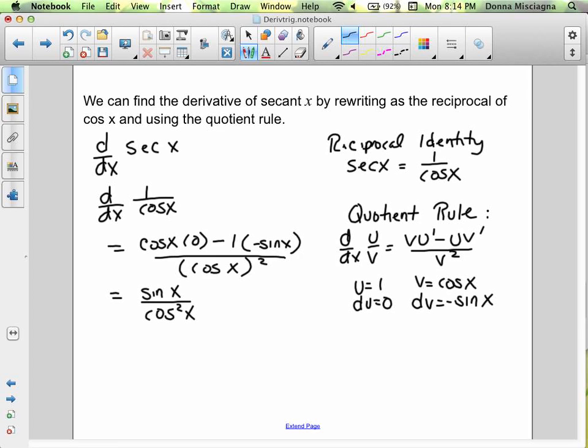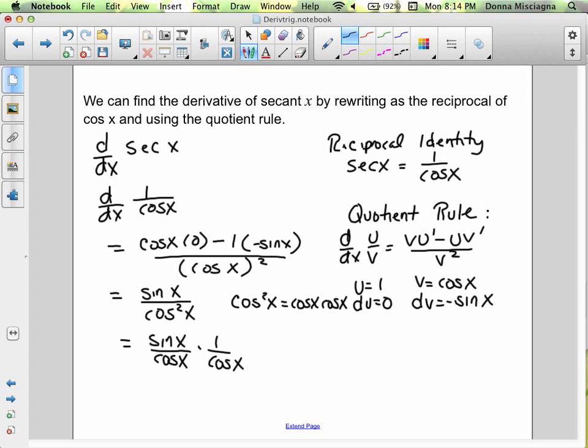And again, maybe we don't want it to be a quotient. We could rewrite cosine squared x as cosine x times cosine x, like the last time we rewrote sine x. That would give us sine x times cosine x times 1 over cosine x.